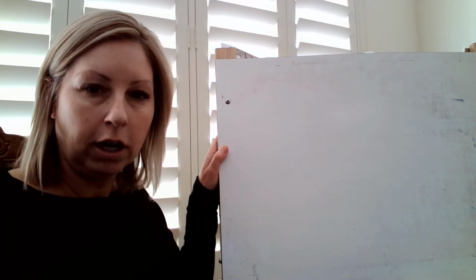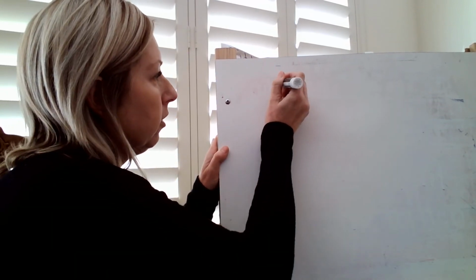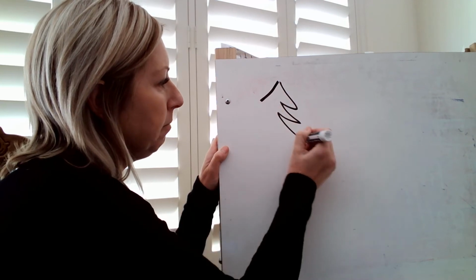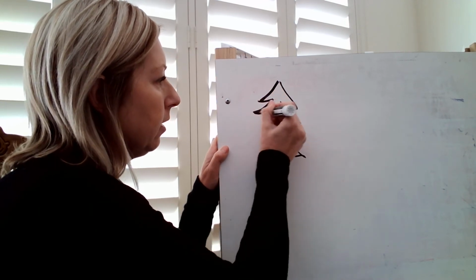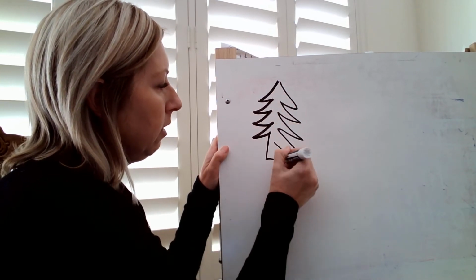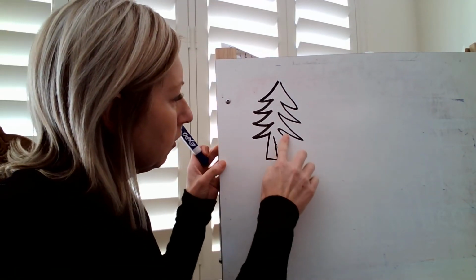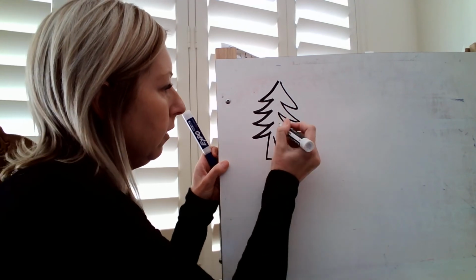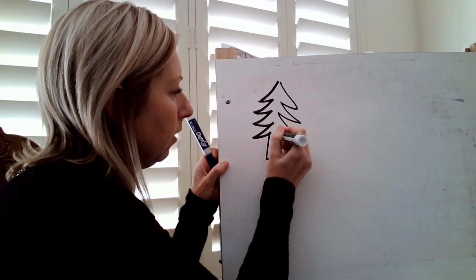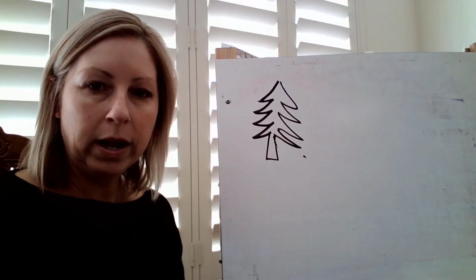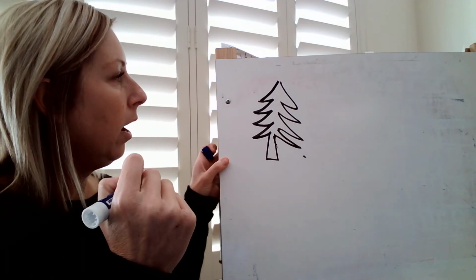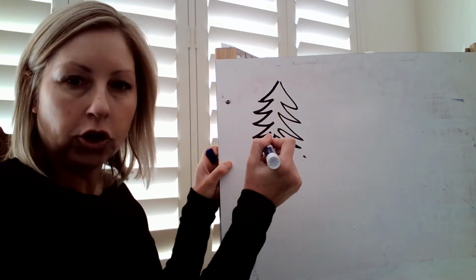I'm going to use a tree again. So here's my tree, but this time, this tree is going to be outside. So I was outside, and I saw, whoa, that tree looks a little silly down there, huh? All right, so when I was outside, I saw some birds in a tree.